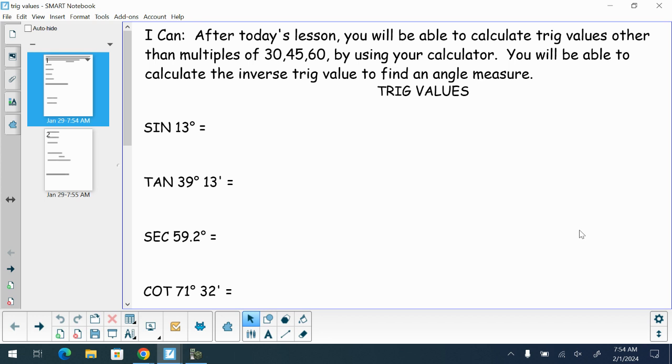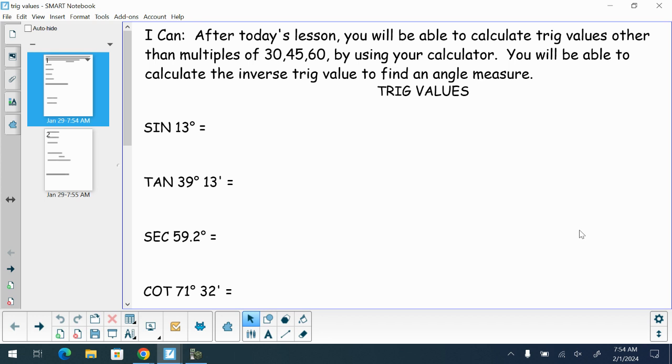There's no relationship between the sides, whereas in a 30-60 right triangle, the hypotenuse is always twice the length of the shortest leg, and in a 45-45 right triangle, the legs are congruent. So we can come up with values for those triangles. But with a 13-degree angle, there is no relationship that says one leg is going to be a multiple of another leg or the hypotenuse.